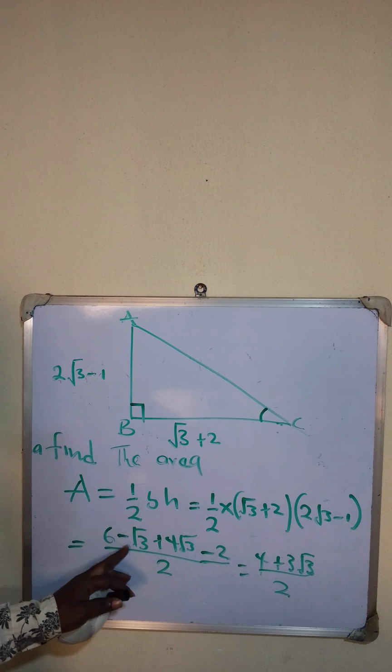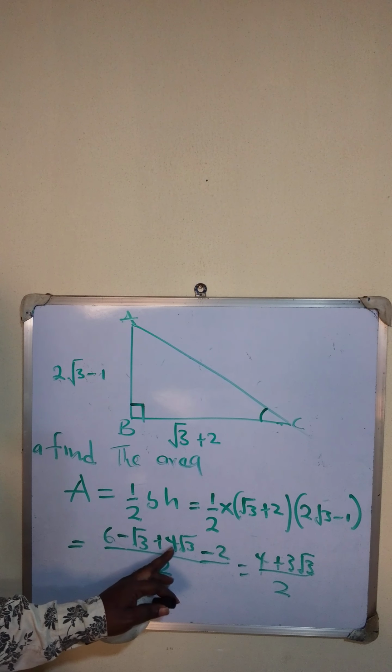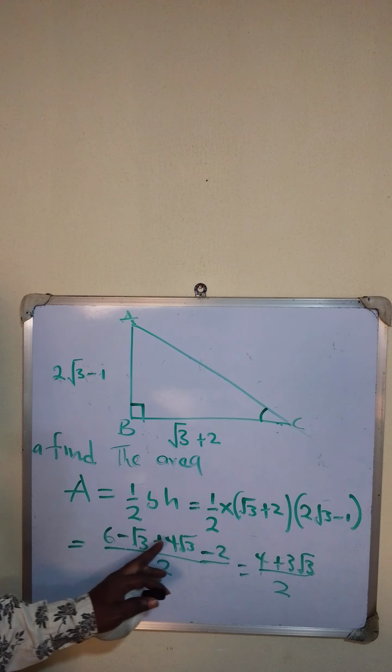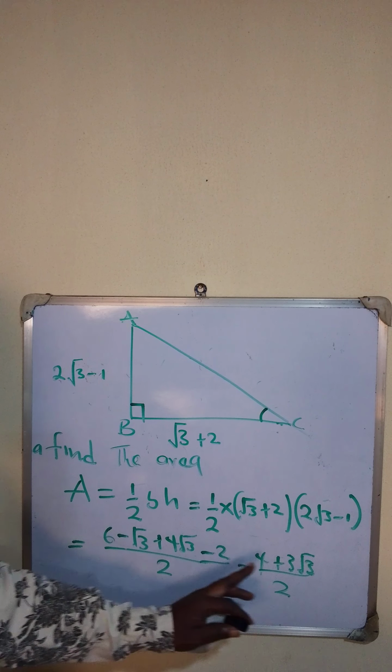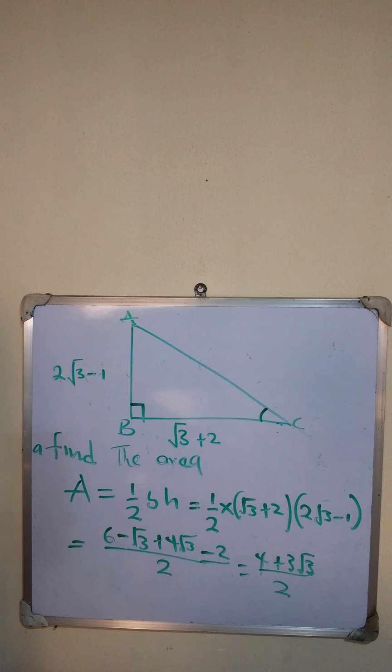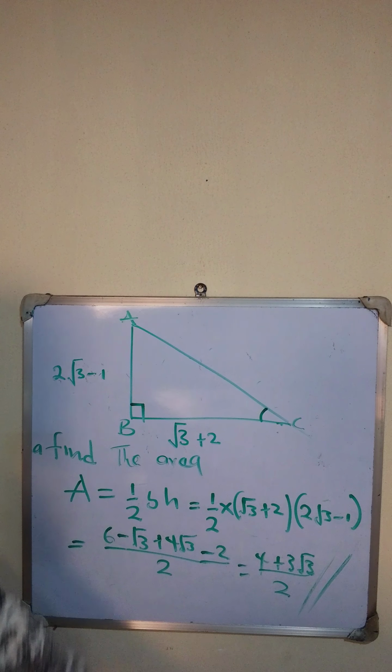So we have the area. The area of the shape is 4 plus 3 root 3 over 2. That is the area, done. So that is how far you can go.